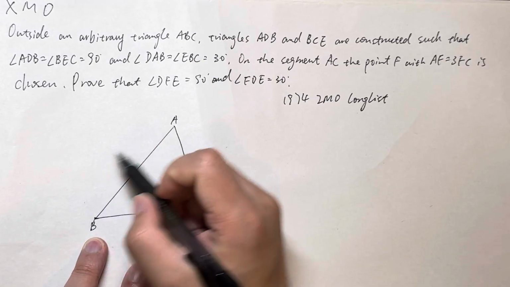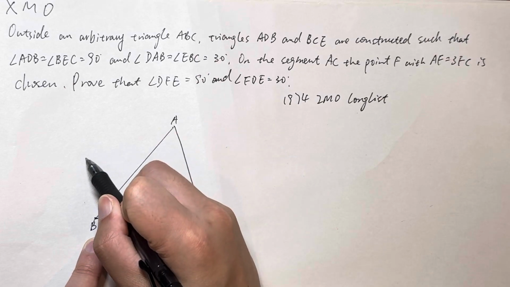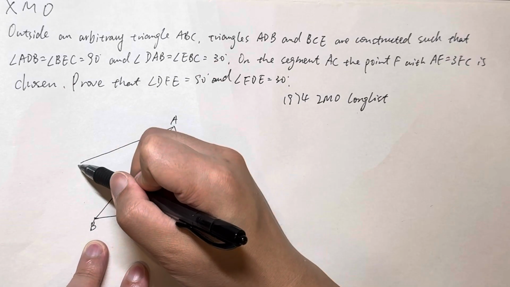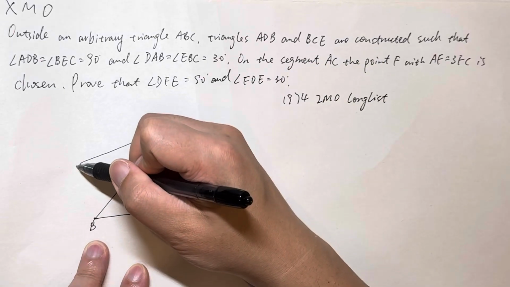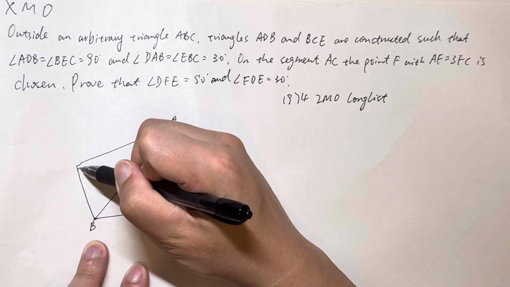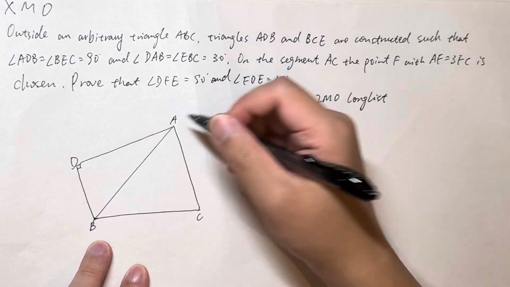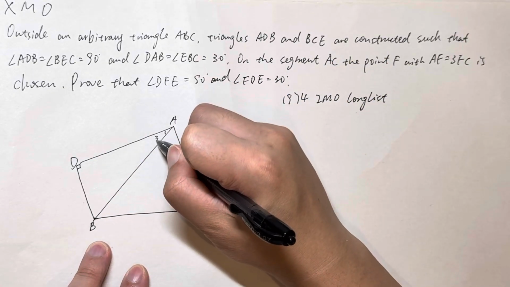So we find 30 degrees here first, and then find 90 degrees here. So we know this one is 30 degrees.